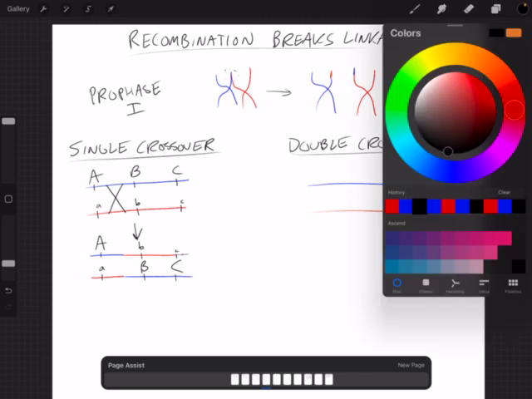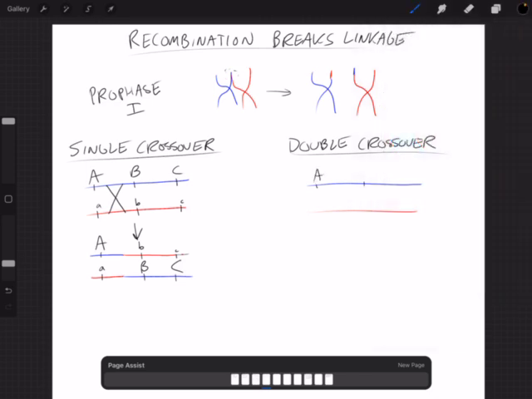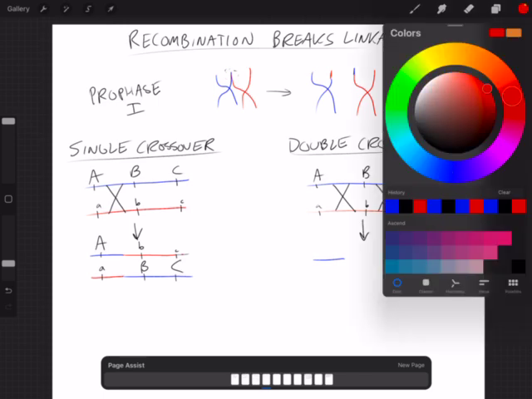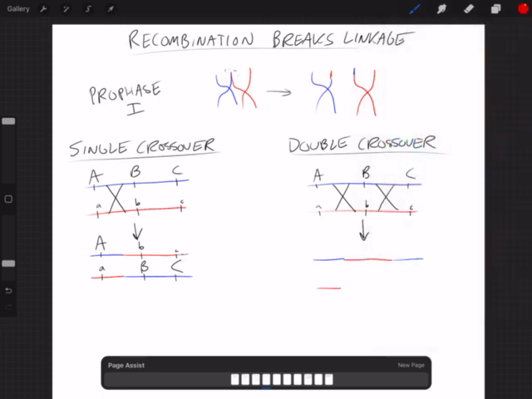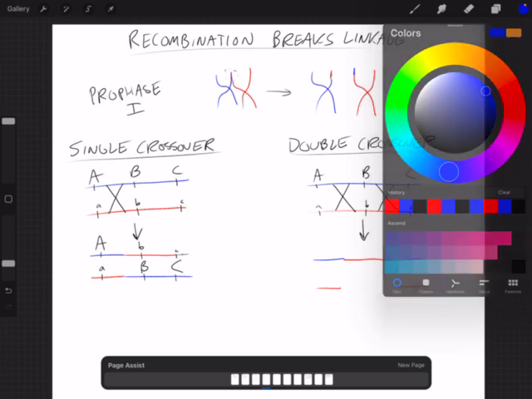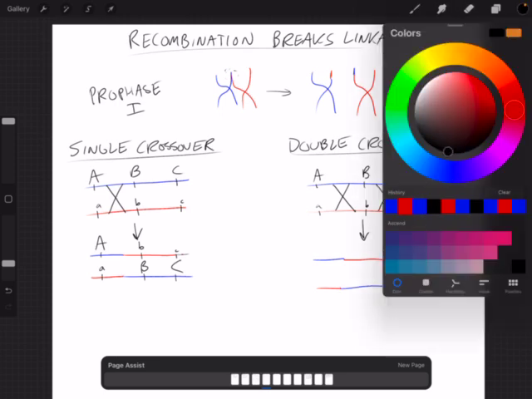We've got the dominant A, dominant B, the dominant C. We have the recessive A, the recessive B, and the recessive C. We previously just had one recombination event here between A and B. Now we also have a second one between B and C. That gives us a very interesting banding pattern. Like so.